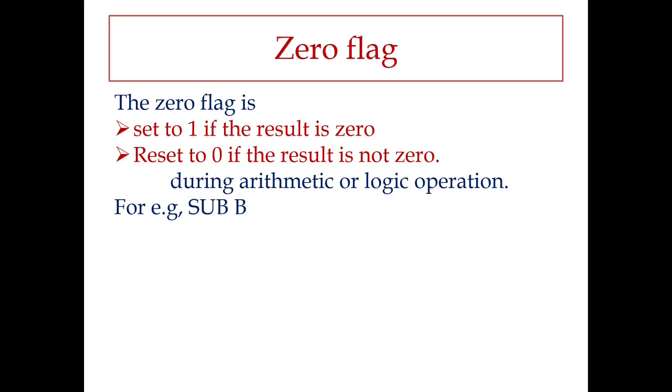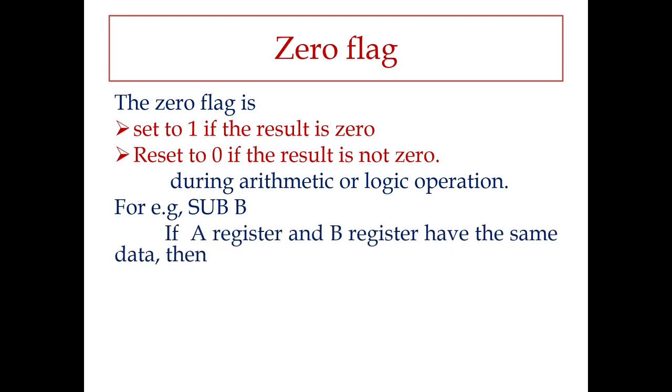For example, let us do a subtraction. SUB B implies that the content of the A register is subtracted by the contents of the B register. For example, if the A register and B register have the same data, then A minus B will yield 0.